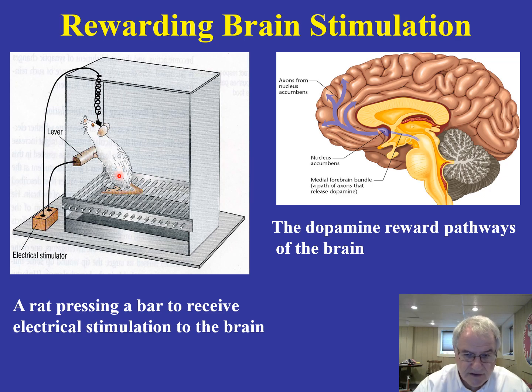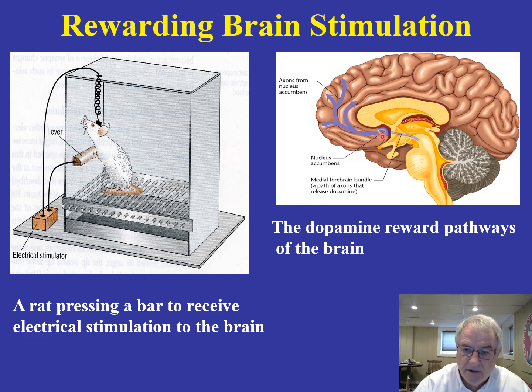So this proved to be one of the most important findings in the field of psychology, because we now know that the part of the brain that's involved in how we experience reward, and we know now is involved in all different types of addiction, is this network here, this pathway here of dopamine neurons.